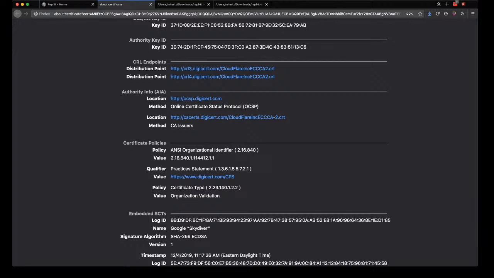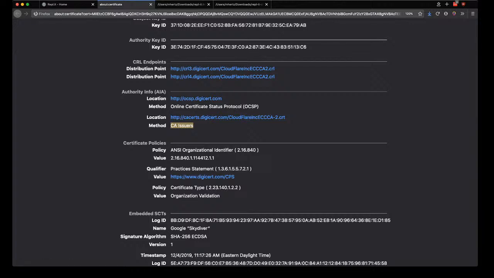But the question would be, how do I know to trust that this really was from Replit? And the answer is that not only does Replit send its certificate, but it also sends a certificate and a signature from whoever issued it. And so in this case, it is from that Cloudflare company.